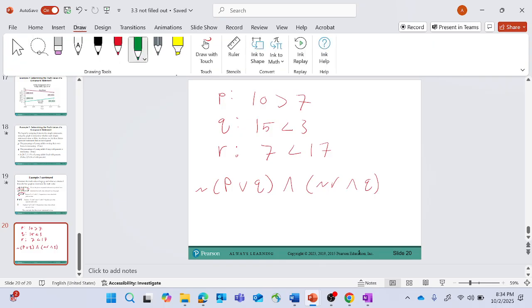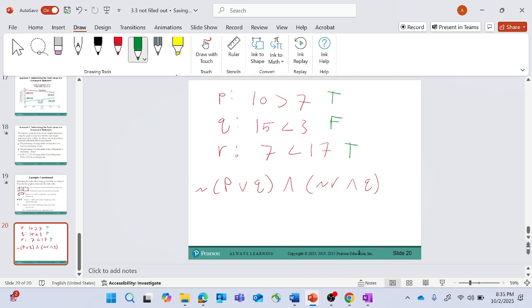So in this case, P, 10 is greater than 7. Is that true or false? That's true. Q, 15 is less than 3. Well, that's false. And 7 is less than 17. That's also true. You're trying to figure out whether P, Q, and R, the three statements, are true or false. And then you can replace them in this statement.